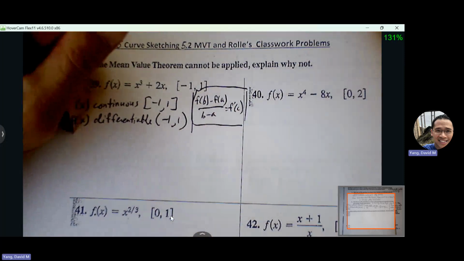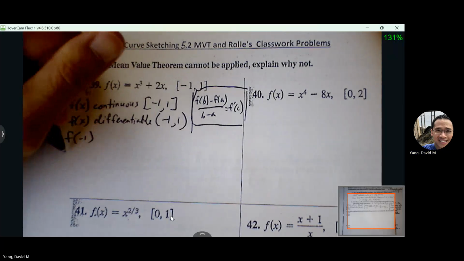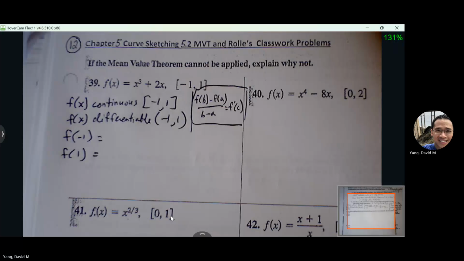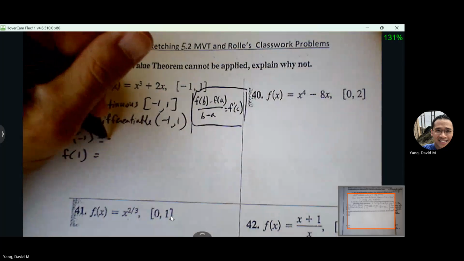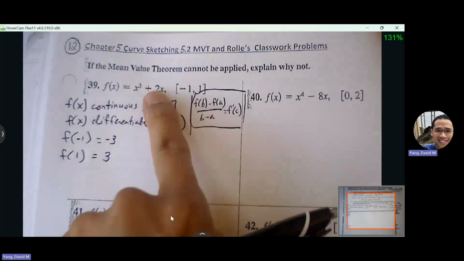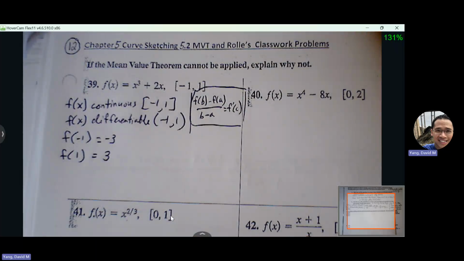So we'll find f of -1. We'll find f of 1. So -1 in for x, I get negative 1 minus 2, which is -3.